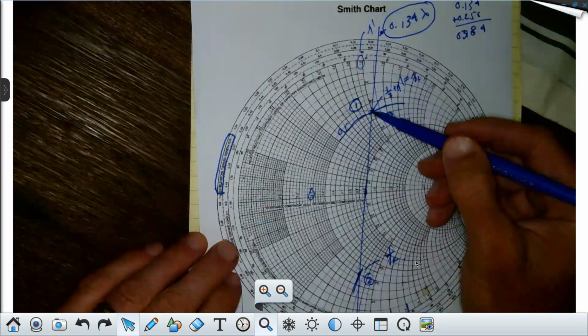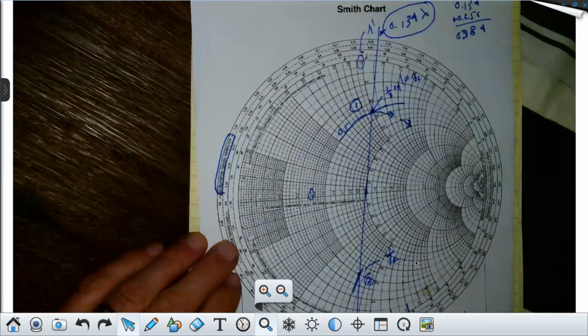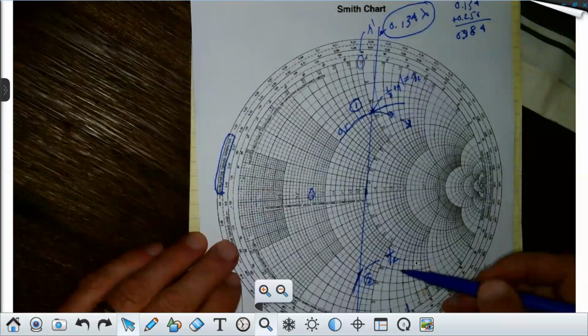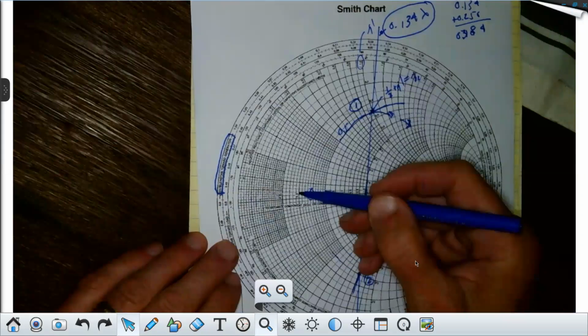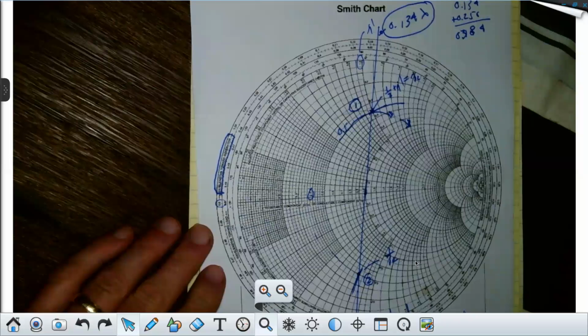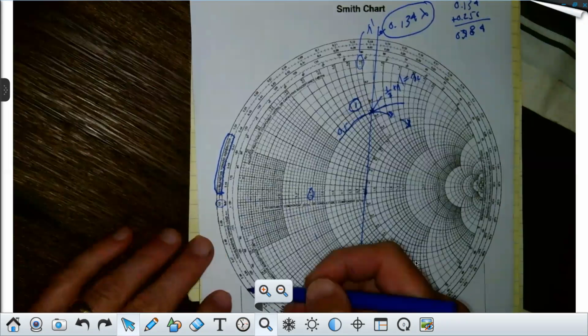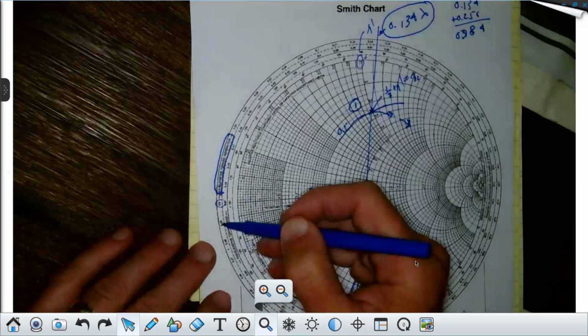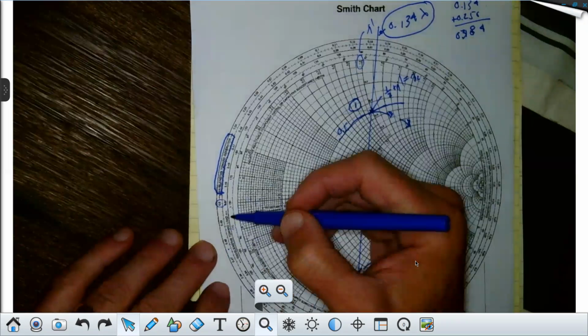Now, I want you to see this. When I start moving, as soon as I go through this point, you see how this is 0 here? You know, it's coming around. Look at this distance. The distance on the outer rim, 0.47, 0.48, 0.49, and then it goes to 0.